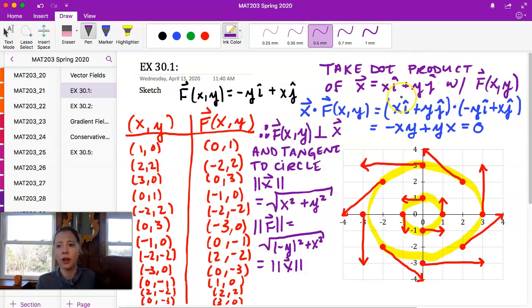Okay, which they both are just x, y's. We're just doing one x in the i hat direction, one y in the j hat, and we're flipping it for the vector field. And so this magnitude here is the radius of the circle.